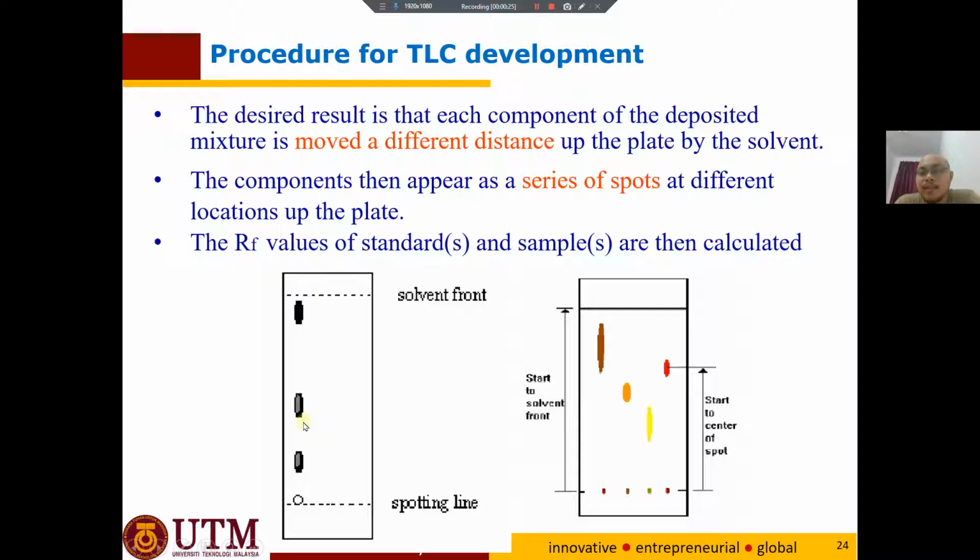The problem is, if for example we have three compounds but the solvent is too strong, they move as a single spot, and that is not a good result.